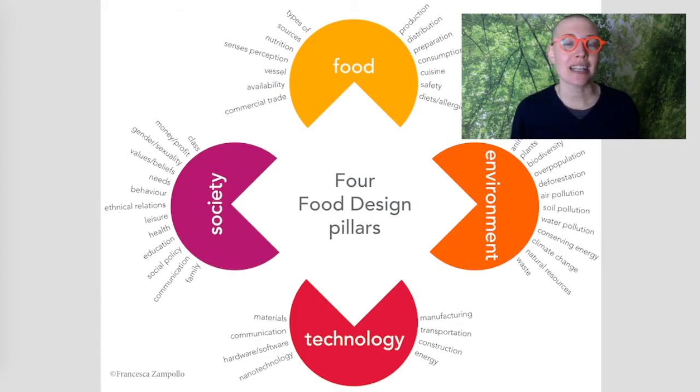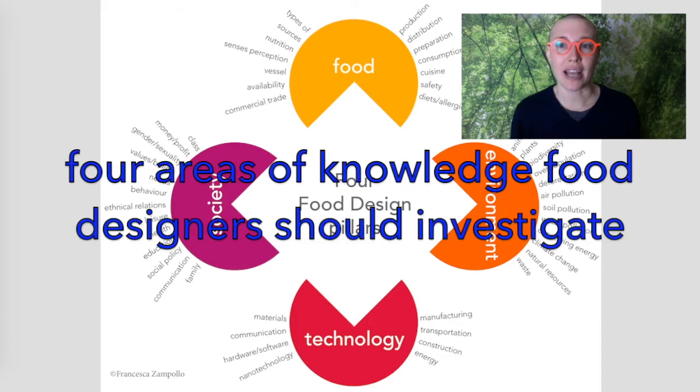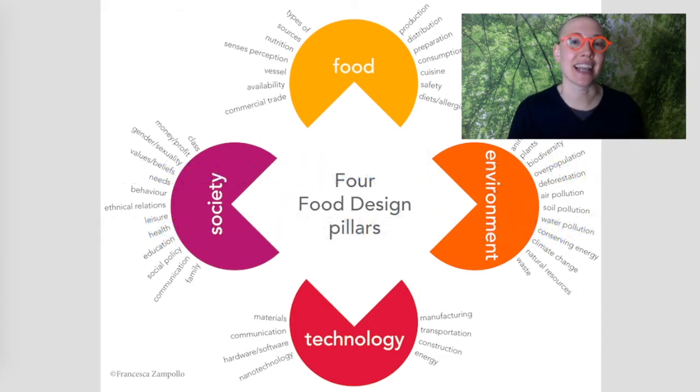These 4 pillars are food, society, technology, and of course, environment. These are the 4 areas that food designers should investigate when designing anything related to food and eating, regardless of whether they are designing a dish, an event, a food service, or a whole food system.